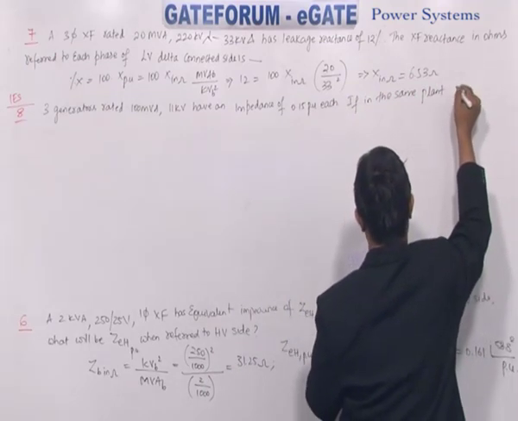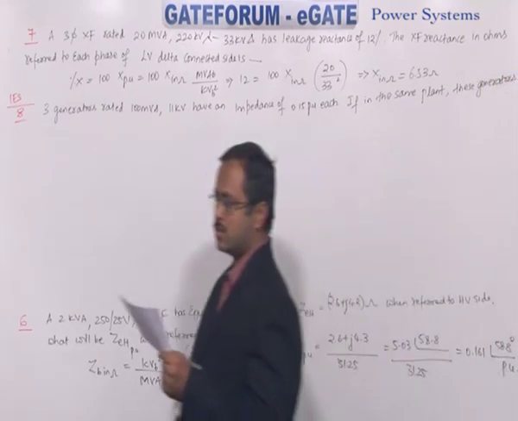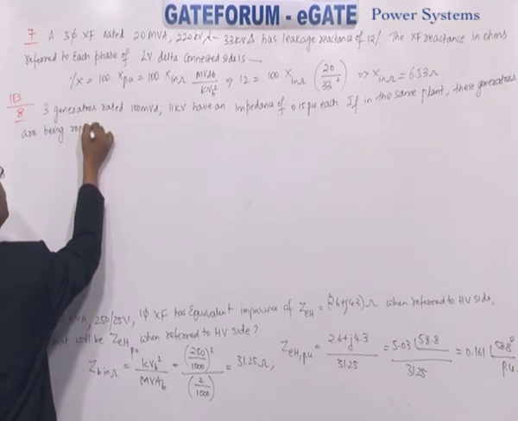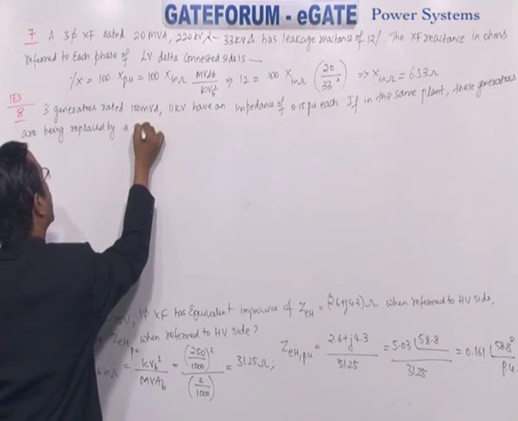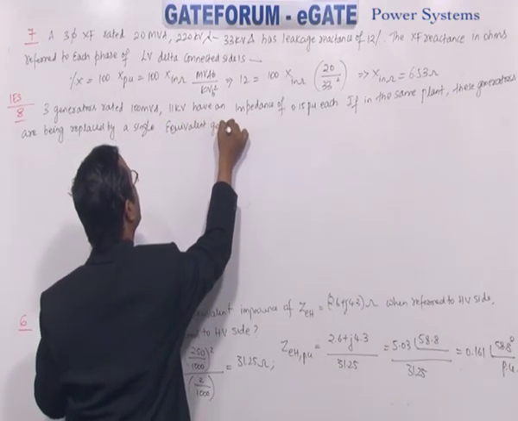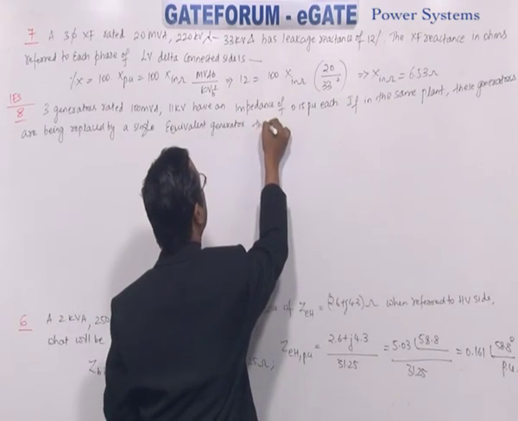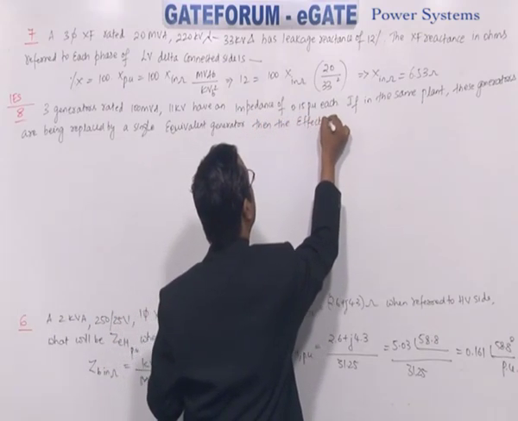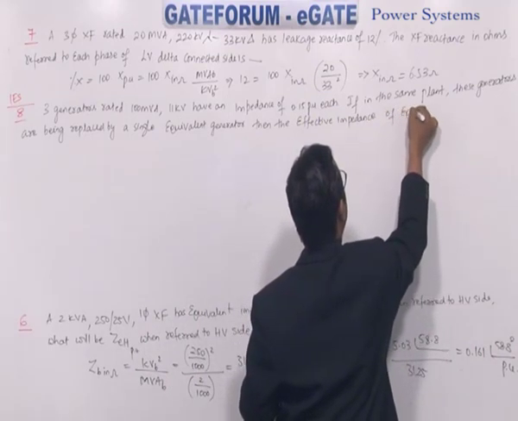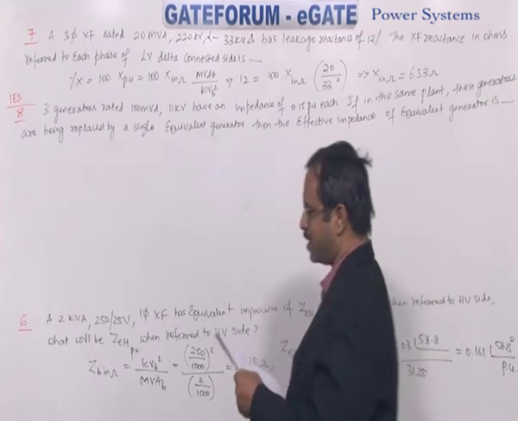If in the same plant these generators are replaced by a single equivalent generator, the effective impedance of the equivalent generator is.